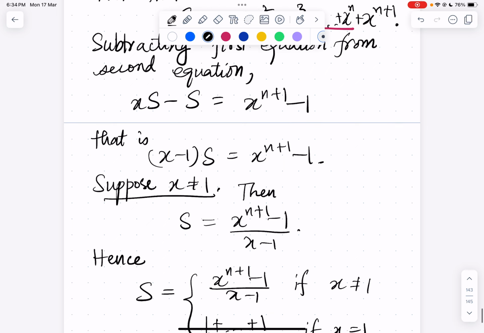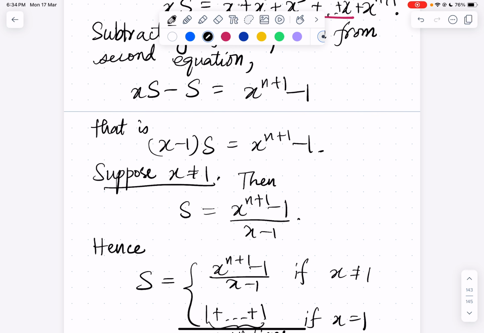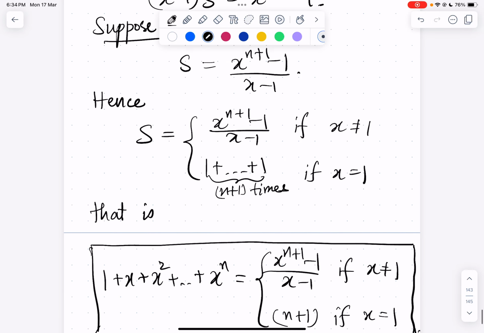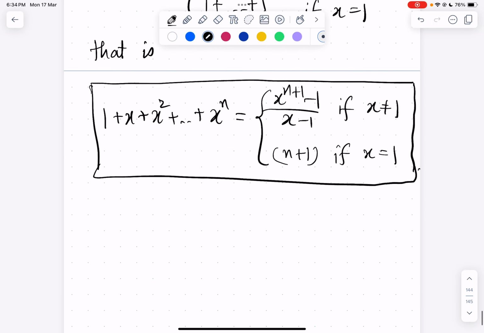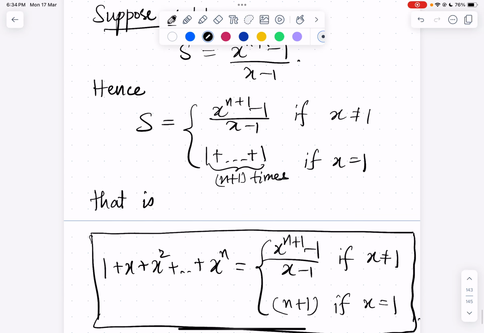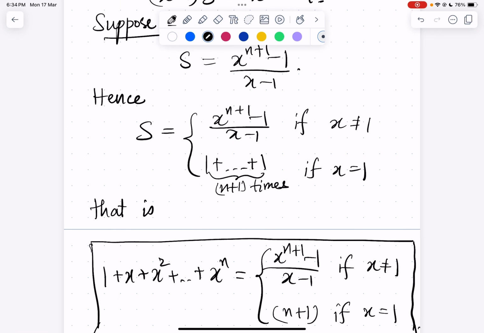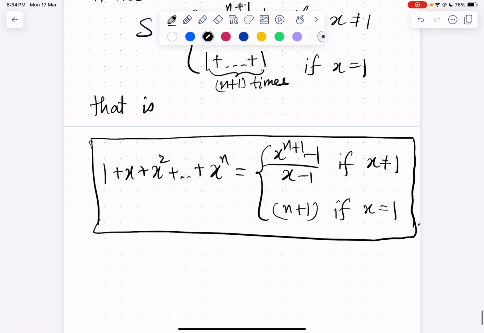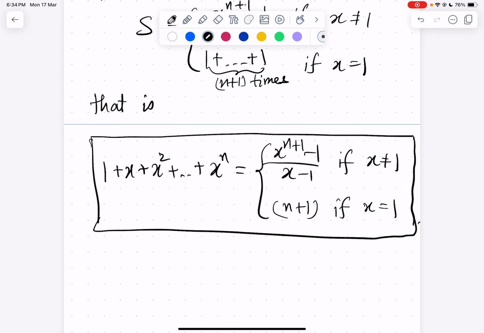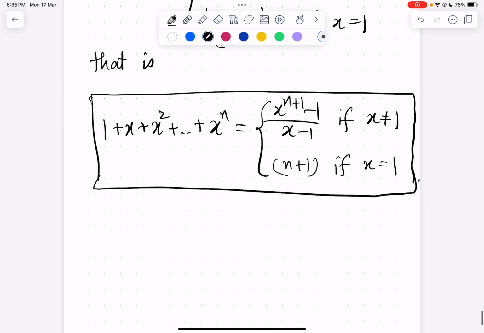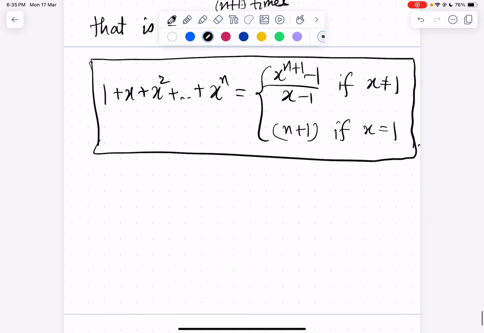So when x is not equal to 1, we can further simplify this as s is equal to x power n plus 1 minus 1 by x minus 1. Hence we get the explicit expression for s in both cases, when x is not equal to 1 and when x is equal to 1. So this is one example, and we look at another example.